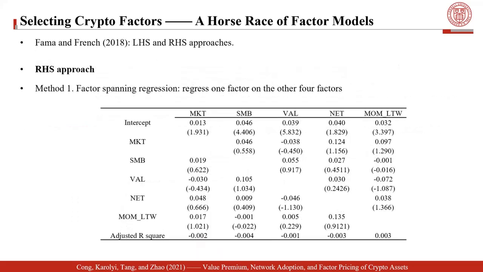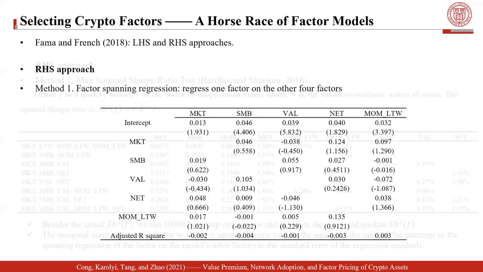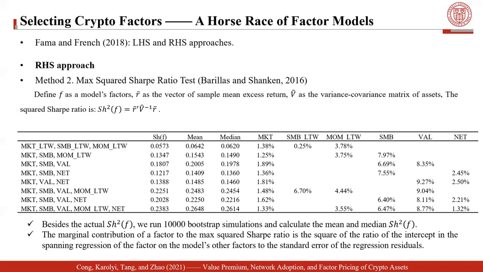We can also take a right-hand side approach to talk about whether a particular factor is spanned by other factors. For the 5-factor model here, none of the factors is spanned by other factors. We can also look at the max squared Sharpe ratio test that's introduced by Barillas and Shanken.